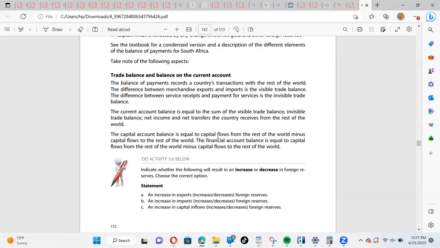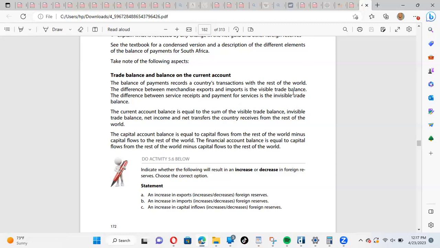All right. So what you need to be aware of here is what is a deficit and what is a surplus. If we're looking at this on the current account, the things you find there are merchandise exports and imports, and then service receipts and service payments, which give you the invisible trade balance.